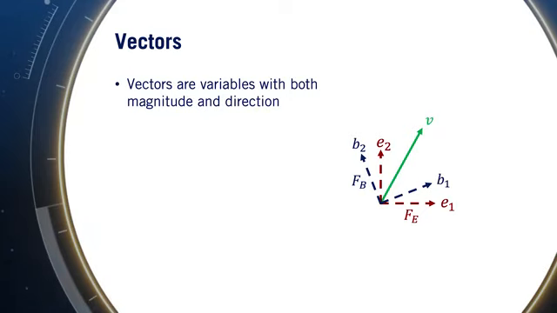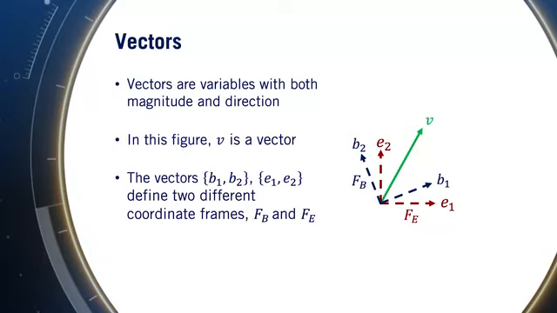Let's take a look at a simple transformation example for a velocity vector of a car. Generally, kinematic variables such as velocity are represented in the form of a vector with both magnitude and direction. In this figure, the vector v is presented with a green arrow in a 2-dimensional coordinate frame. We have 2 coordinate frames displayed here, the body frame defined by axes b1 and b2, and the inertial frame defined by axes e1 and e2, both in the 2D plane.